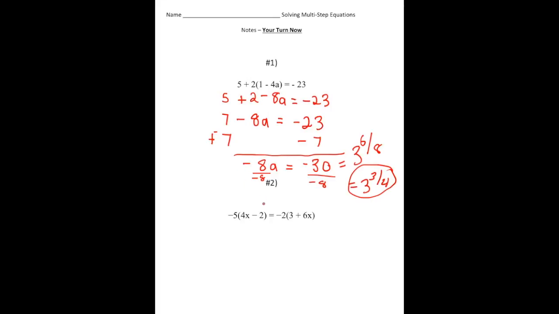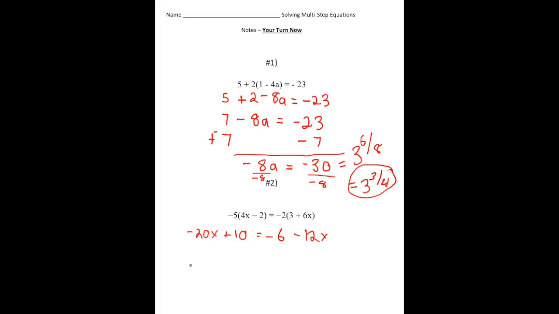All right, number 2 is a little bit more in length because, again, we need to simplify both sides. So -5 times 4x is going to be a -20x. And then -5 times a -2 is +10. And that's going to equal -2 times 3 is -6. And then -2 times 6x is -12x.